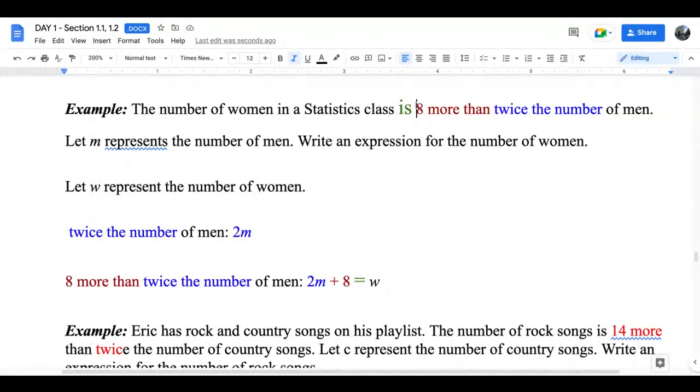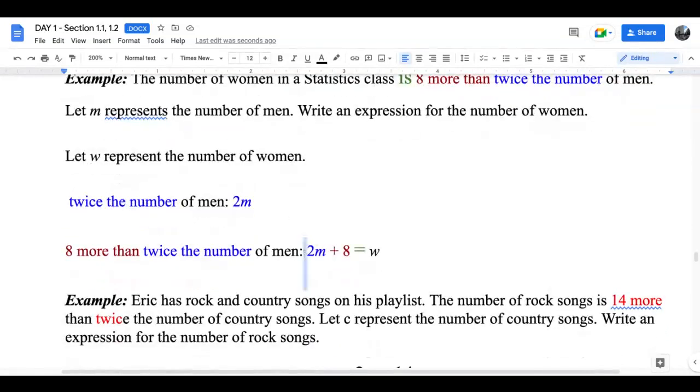So the number of women, W, is 8 more than, which means something plus 8, twice the number of men means 2M, so 2M plus 8. Twice the number of men is just 2 multiplied by M, and 8 more than means just add 8 to it. So W equals 2M plus 8.